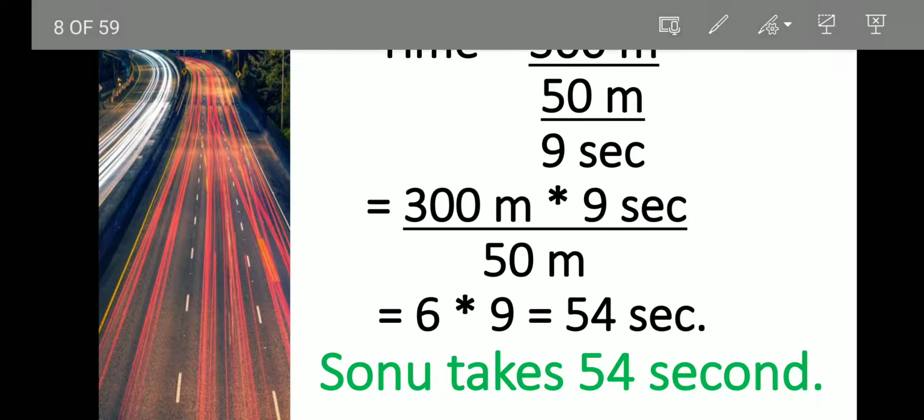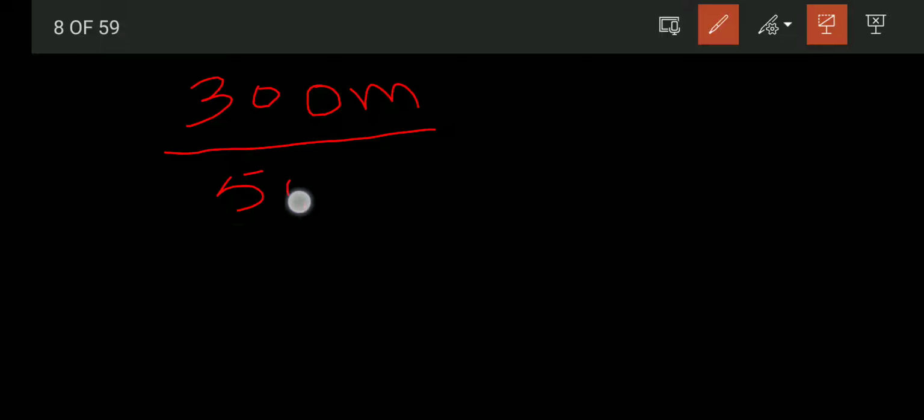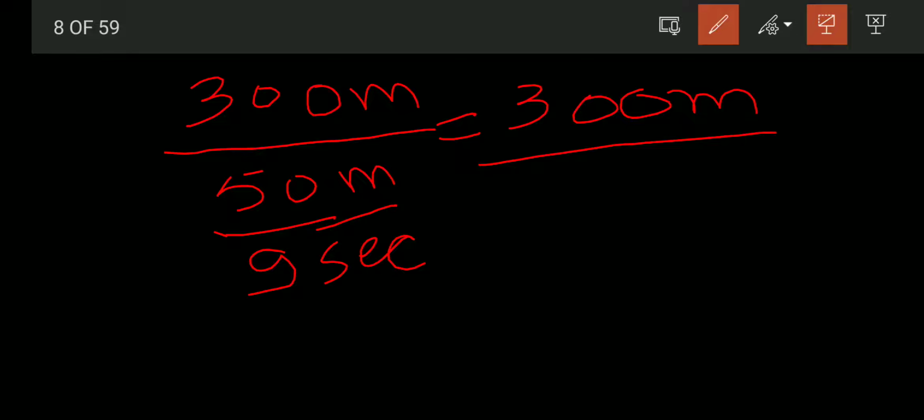I'll show you the calculation of this time. Time is equal to distance upon speed. So distance is 300 meter. Speed we just calculated 50 by 9 meter per second. So this becomes 300 meter divided by this 50 meter remains as it is, and this 9 second goes on the top.